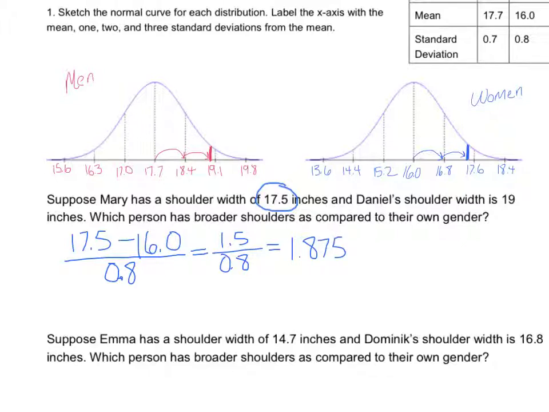All right, let's do the same work for Daniel now. Daniel had a shoulder width of 19. Let's figure out how many standard deviations he is away from the mean. So we'll take the 19, we'll subtract the 17.7, because notice the 17.7 is his gender's mean, and we will divide that by the men's standard deviation, which is 0.7.